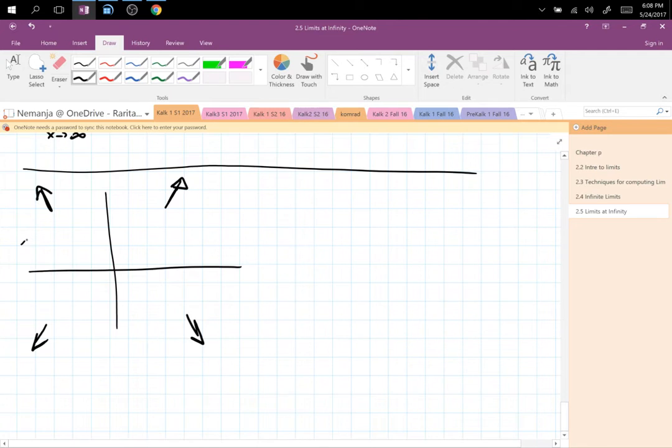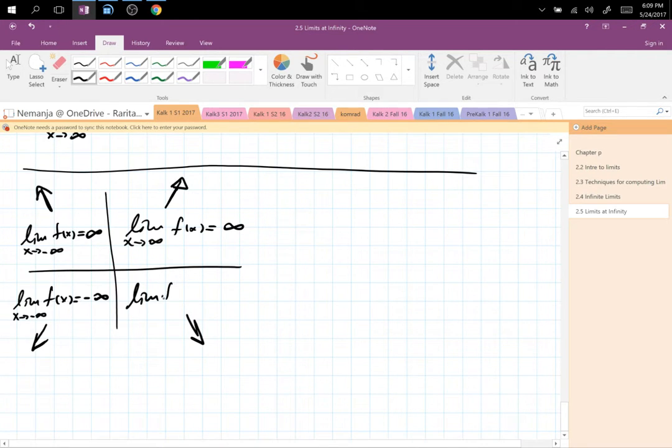So this one is the limit as x goes to negative infinity of f of x, giving you positive infinity as the answer. And the one below is the limit of f of x that gives you negative infinity as the answer. Over here we have limit as x goes to positive infinity and gives us positive infinity back. And over here we have limit of f of x that gives us negative infinity as x goes to positive infinity. So that's all you can get.